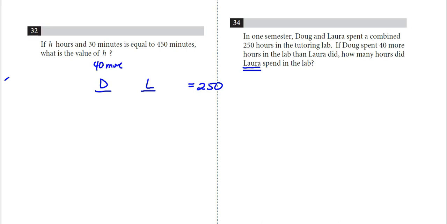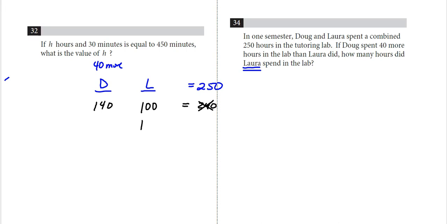So I could just start trying with this place. In 250 hours, we just pick a number for Laura. Let's say that Laura's 100. Well, if Doug has to be 40 more than Laura, that would put Doug at 140. Problem is, it only adds up to 240. So 100 did not work for Laura. So I got to go a little bit bigger.